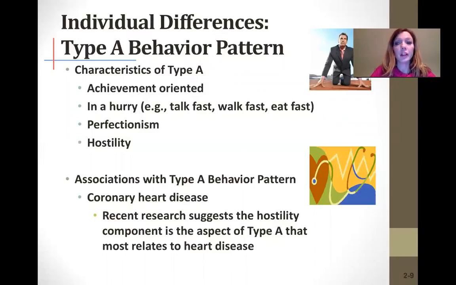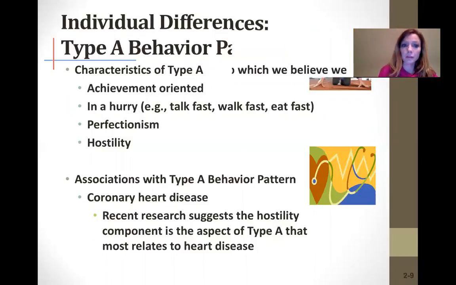And the perfectionism isn't necessarily a stressor, but can end up being one. But the hostility of this type of personality is what really causes the component that is related to heart disease. So I think that it's important that you understand that, and also as a manager that you pick up on this in your employees.